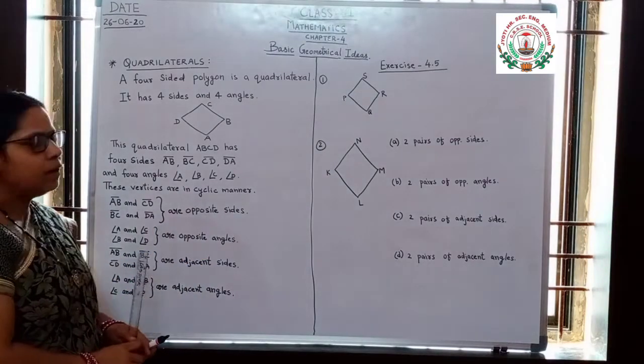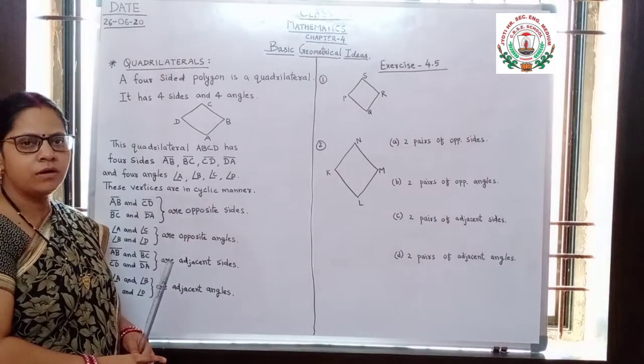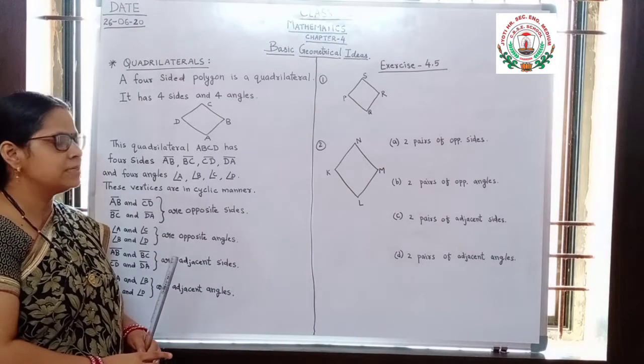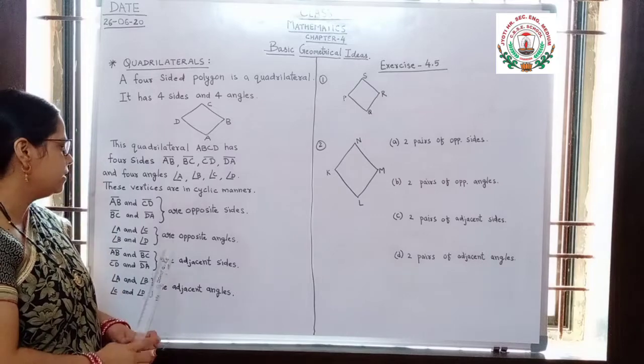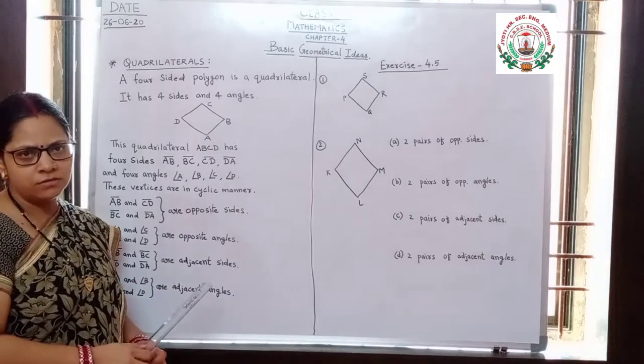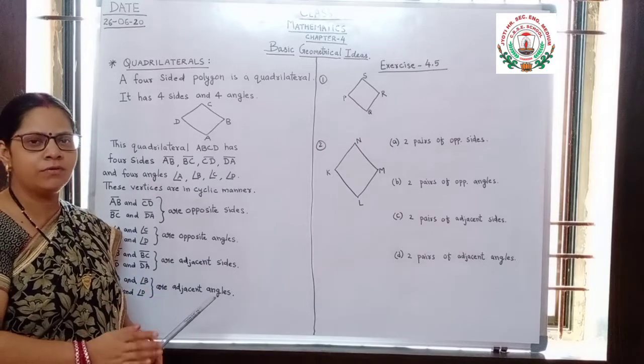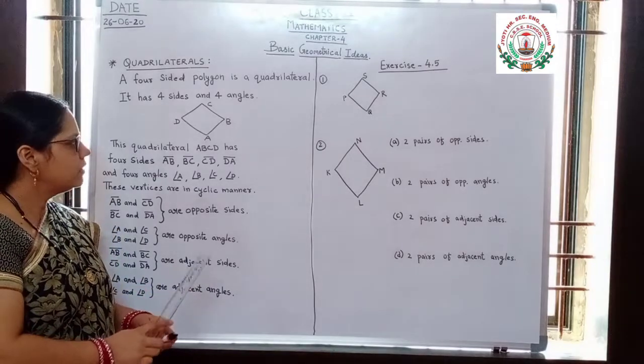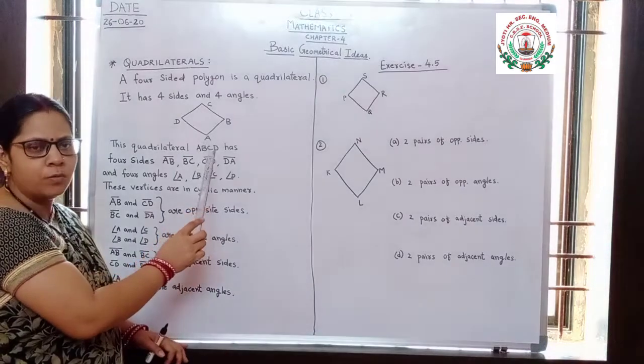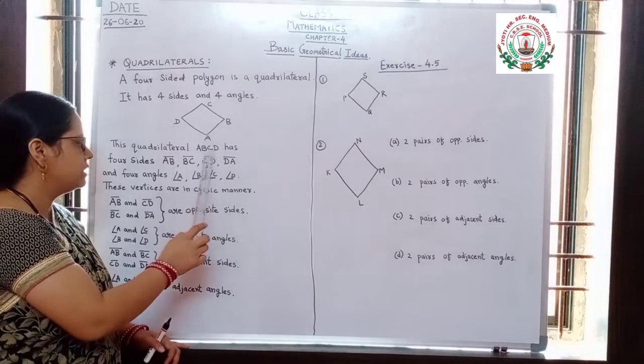Now, what are the opposite sides or adjacent sides? What is the meaning of adjacent? All this we are going to see here. Opposite, everyone knows. Now here we are going to take the opposite angles or vertices, or sides.